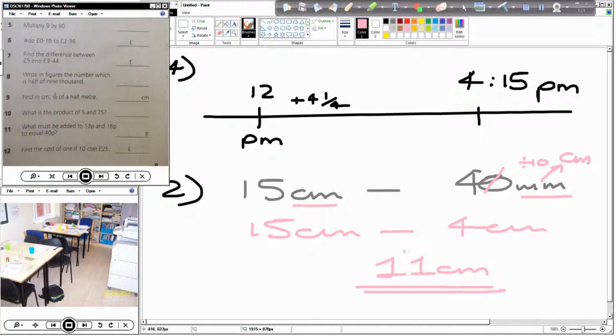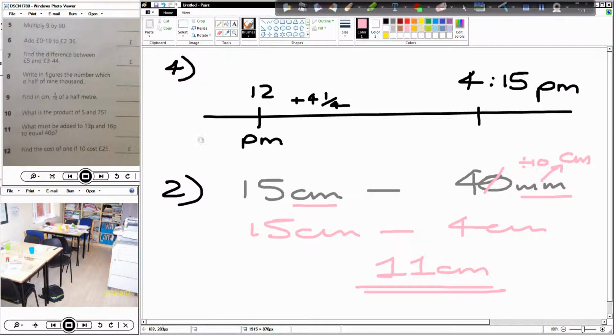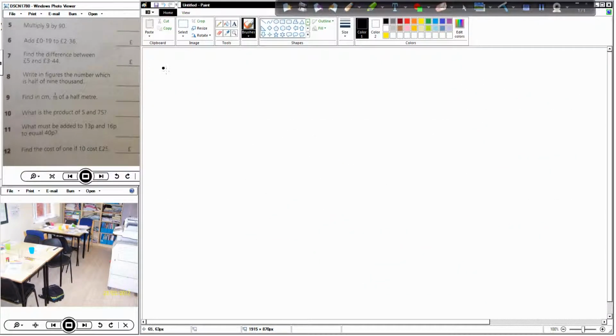Okay. Right. I think another important question is question number 9, number 12. Question number 9. Find in centimeters 3/10 of half a meter. So 3/10.